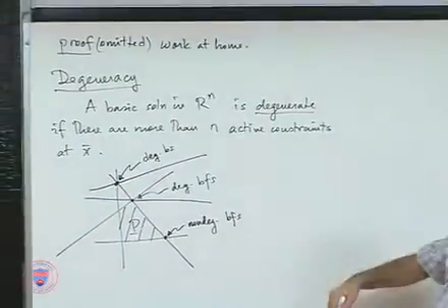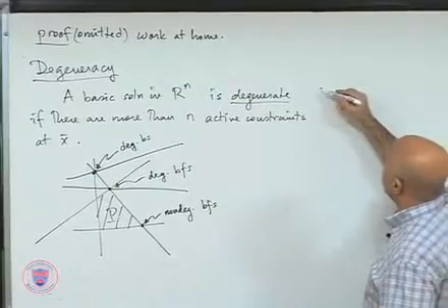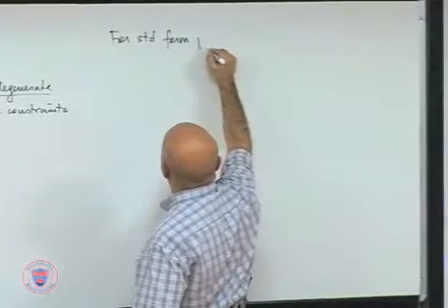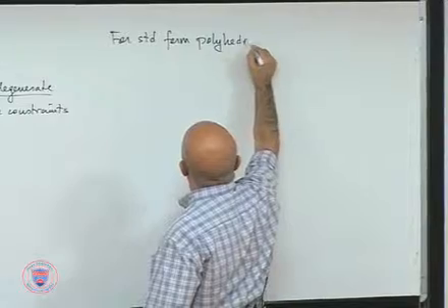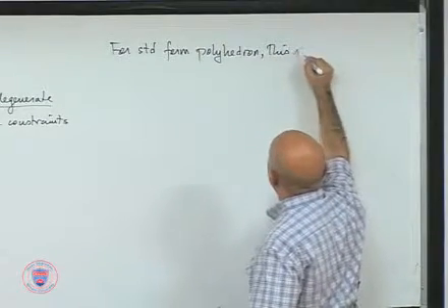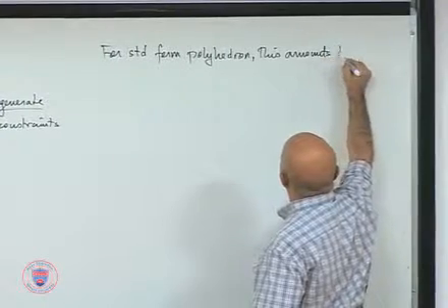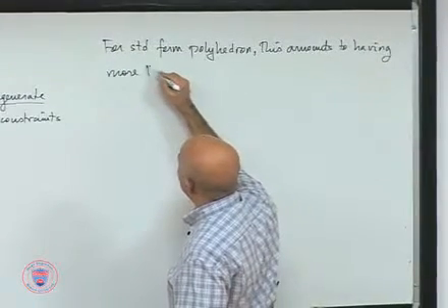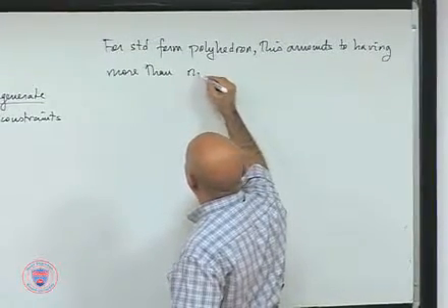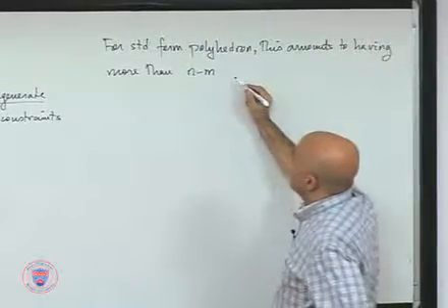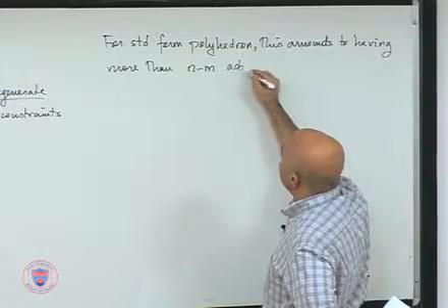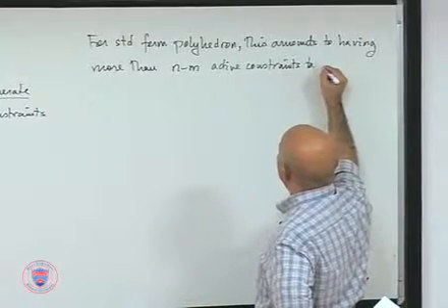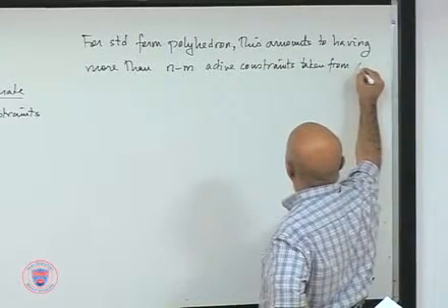Now, this is, of course, for general polyhedral sets. For standard form polyhedrons, this amounts to having more than n minus m active constraints taken from the non-negativity part.